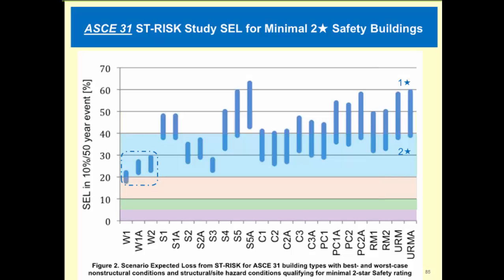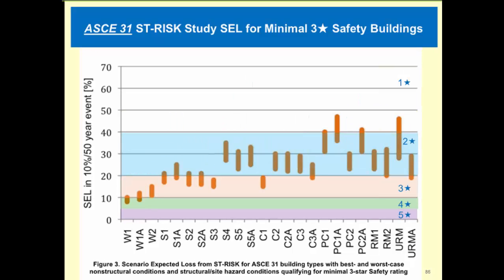The wood frame buildings, the wood type buildings, are generally lower than the rest of the buildings. So in table 3.2, you'll see that's why we differentiated between W1, W1A, and W2 from the remaining buildings. This is the same procedure that we did for the 3-star safety rating. You'll see that all the blue bars have moved down.